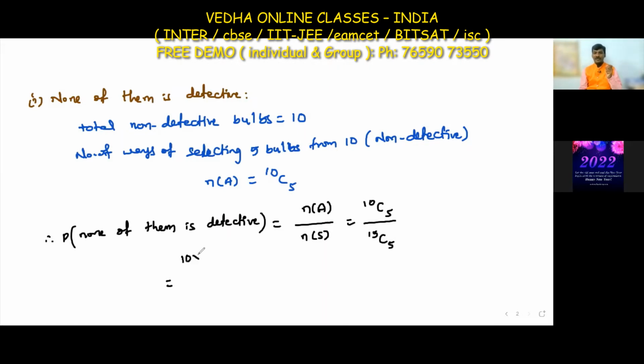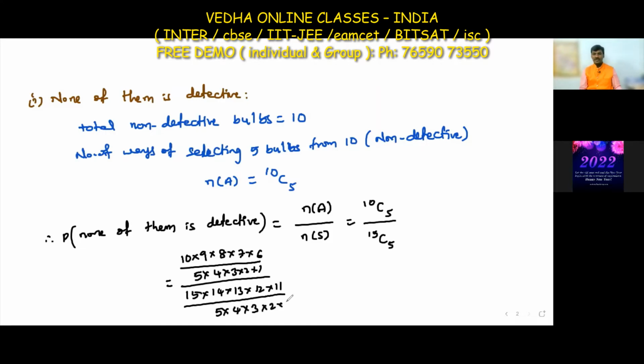So this is equal to 10C5. The short form is to write the 5 factors in descending order divided by 5 factorial. That means 10 into 9 into 8 into 7 into 6, the 5 factors, divided by 5 factorial, that is 5 into 4 into 3 into 2 into 1, whole divided by 15C5, which we also write like that: 15 into 14 into 13 into 12 into 11, 5 factors divided by 5 factorial, 5 into 4 into 3 into 2 into 1.